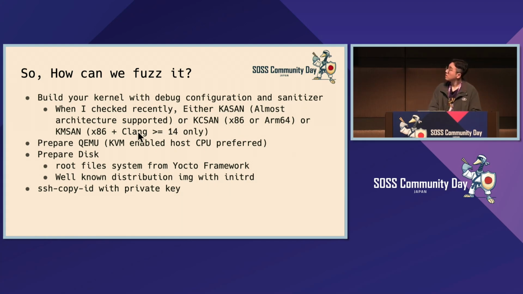So we need to build a kernel with debugging configuration, and we need a virtual machine, QEMU with KVM enabled, or host CPU preferred because it's fast, and prepare a root file system. I tested the Yocto framework and also some Ubuntu or Fedora images with initrd, and we need an SSH key file.